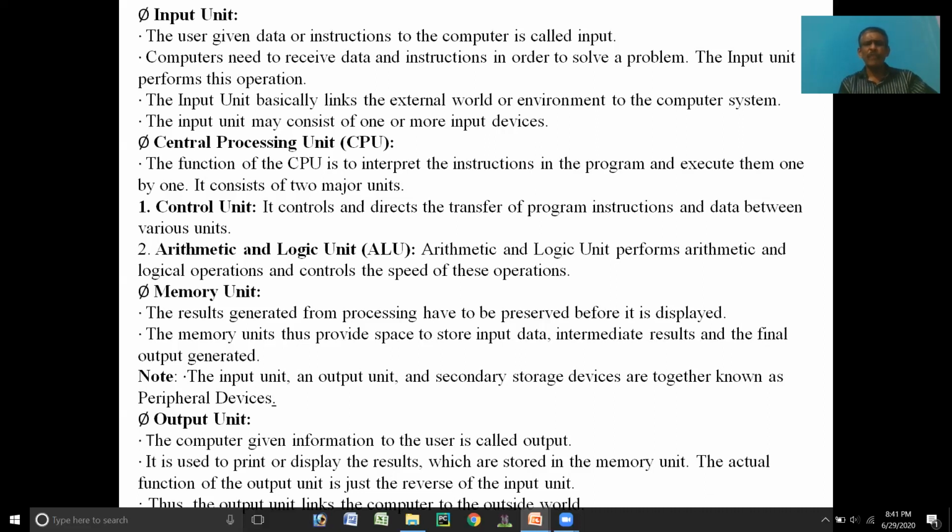So I give two numbers, 2 and 2, for addition. The computer processes them and generates the result 4. But before displaying that result 4 on the monitor, it should be stored in memory. After storing the result in memory, it displays it on the monitor.